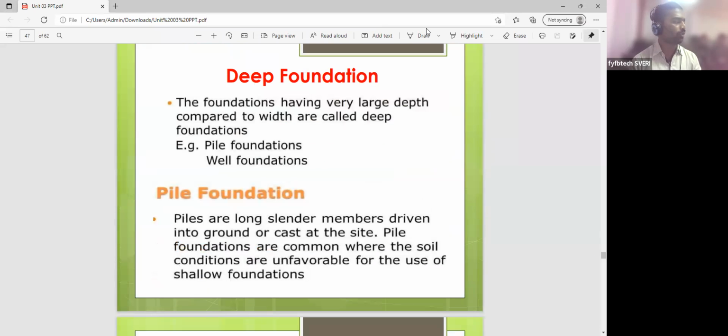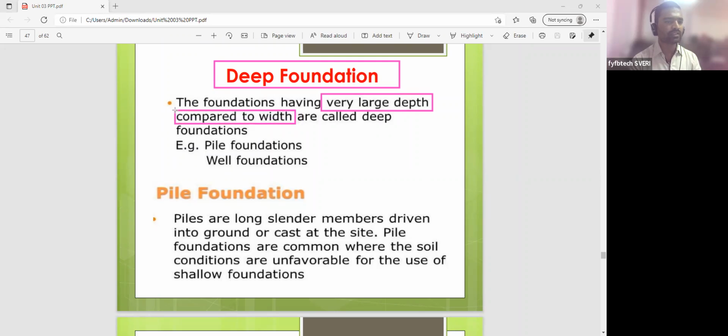Next one is deep foundation. What is a deep foundation? If the depth of the foundation is greater than the width of the foundation. Deep foundations are foundations having very large depth as compared to the width.